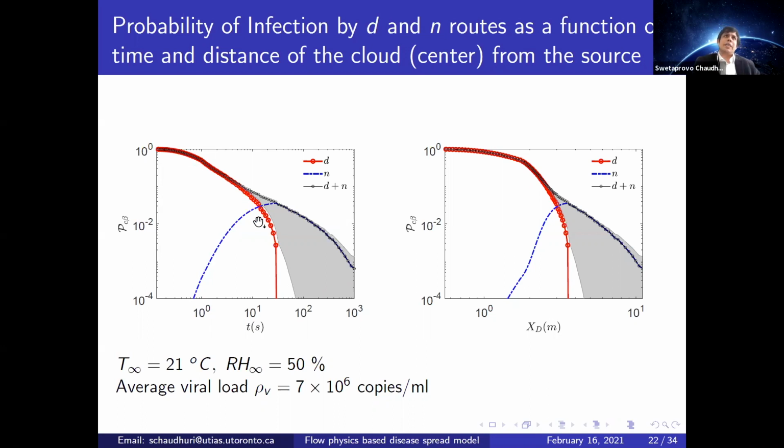And that is because by the time the droplet nuclei are developed, the puff has diluted to a reasonable extent. The size of the puff is very large, so the concentration of the nuclei inside the puff is small. So that is why the probability of infection is less if one crosses a droplet nuclei cloud versus a droplet cloud. But we will see that this does not mean the droplet nuclei contribute less. Okay, so this is an important distinction.